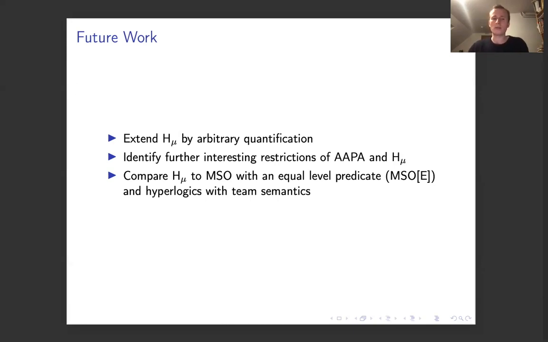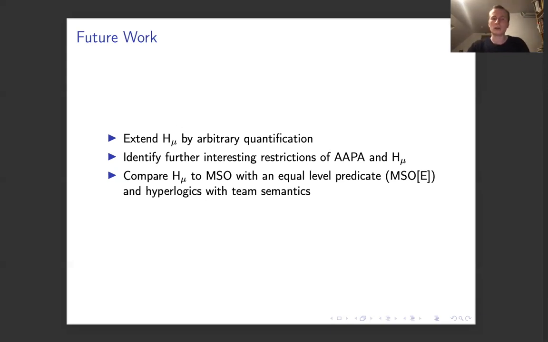And while we have outlined an embedding of h-mu into MSOE, only informally, but we have somewhat outlined it, we do not know yet the precise relation of these 2 logics. So whether they are possibly equivalent or whether there is some other interesting connection yet to be found.